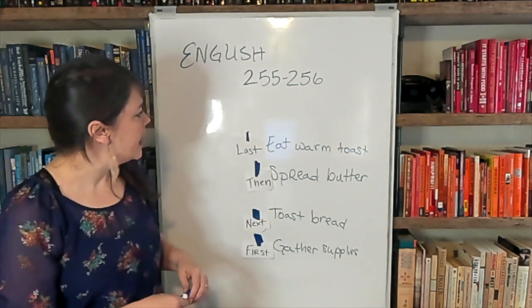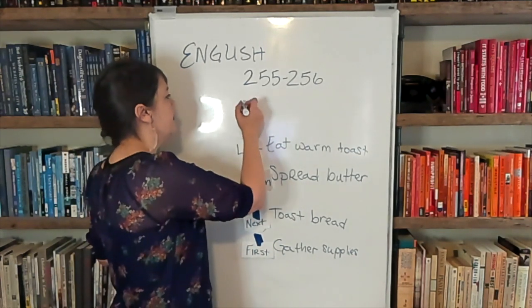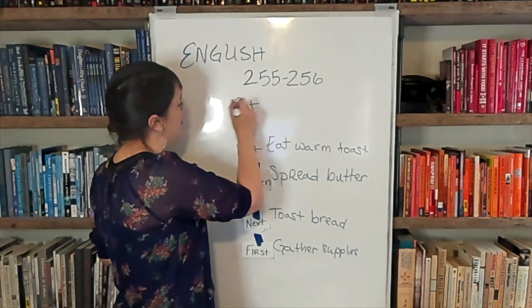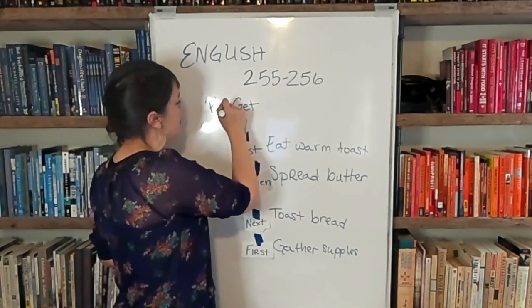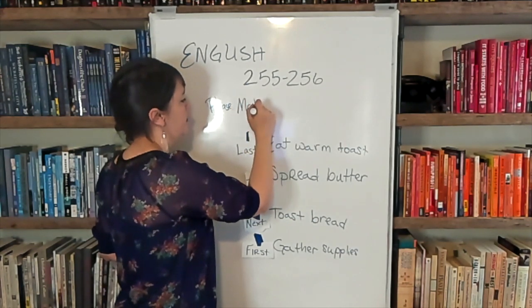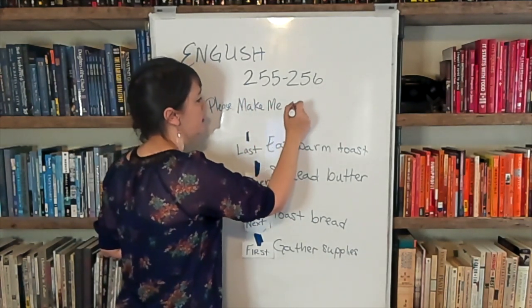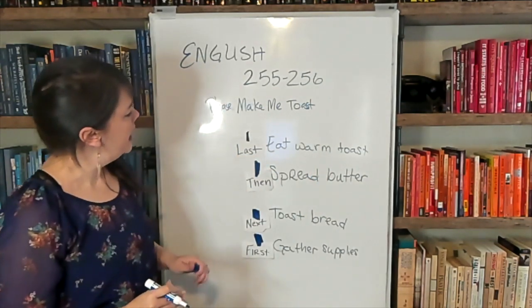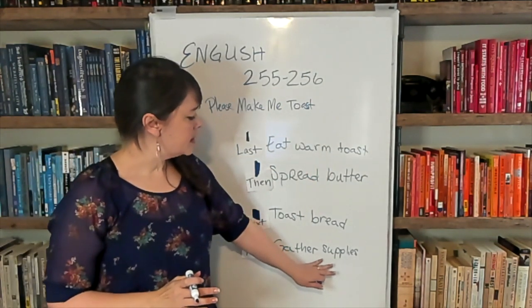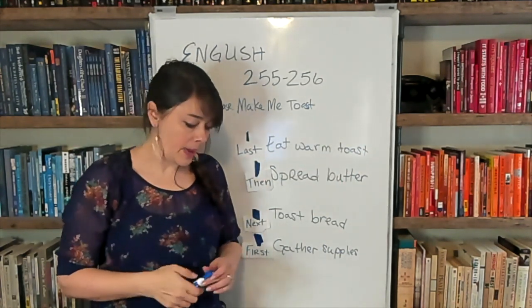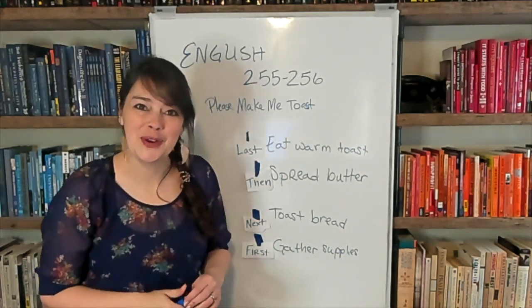So the topic of my paragraph would be, please make me toast. And then we have supplies, and I told you my topic sentence: today I want to ask you to make me some toast.